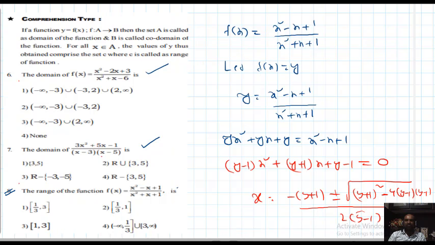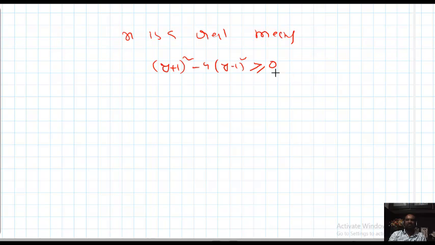And one more thing, y should not be equal to 1, but you can cross-check: x equal to 0 gives y equal to 1 only, so no need to consider that. Just solve this: y square plus 2y plus 1 minus 4y square plus 8y minus 4 greater than or equal to 0, or minus 3y square plus 10y.